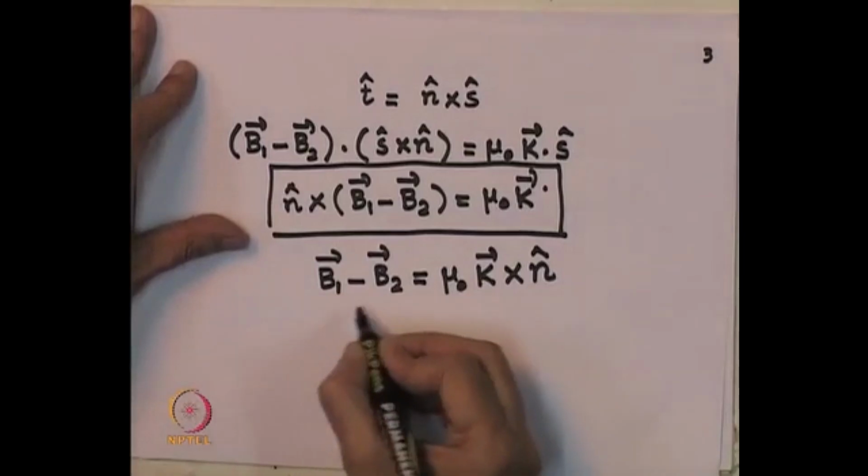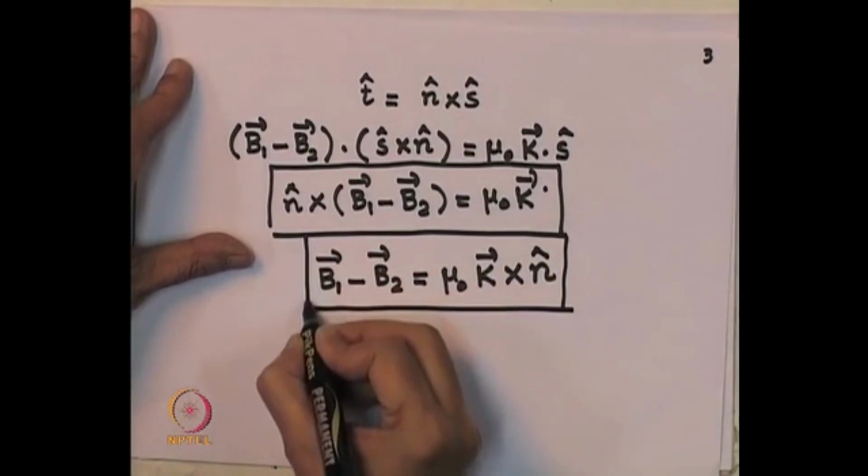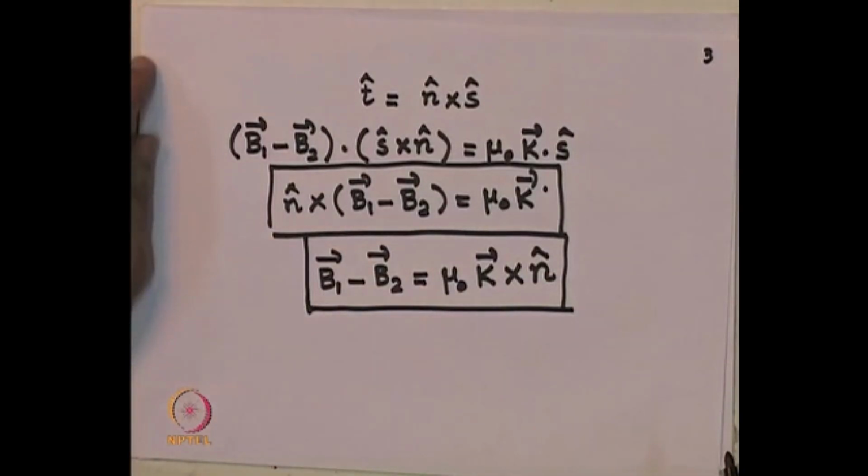So, this is a complete statement of the boundary conditions that are applicable on B.